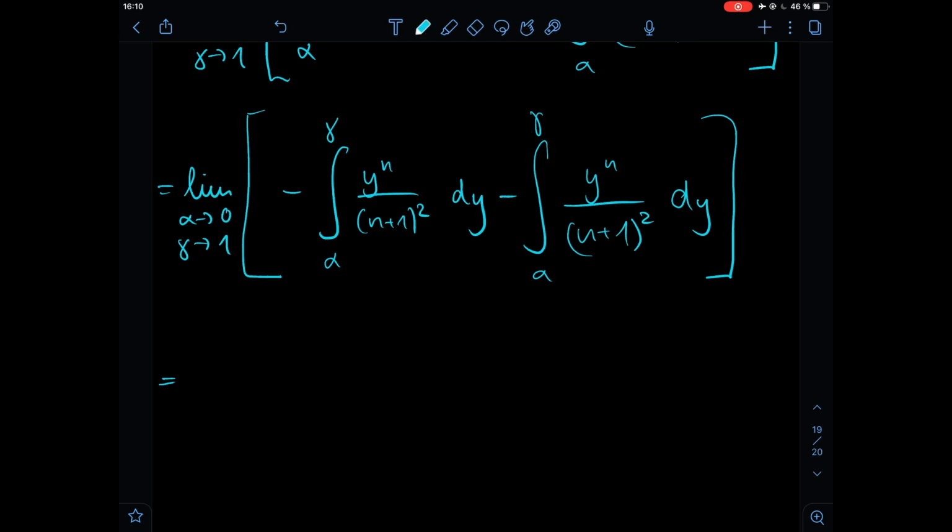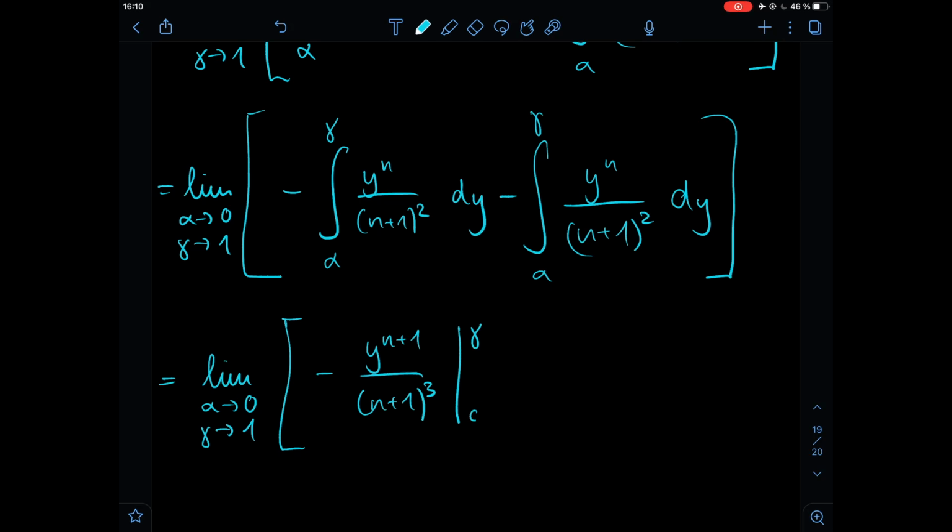Don't get disturbed by that one. So we have limit for alpha going to 0 and gamma going to 1. So the first integral, we integrated with respect to y. This is also very simple again. So we have y to the power of n plus 1 divided by n plus 1 to the power of 3, and the whole thing evaluated at gamma and alpha, minus, and now we have once again y to the power of n.